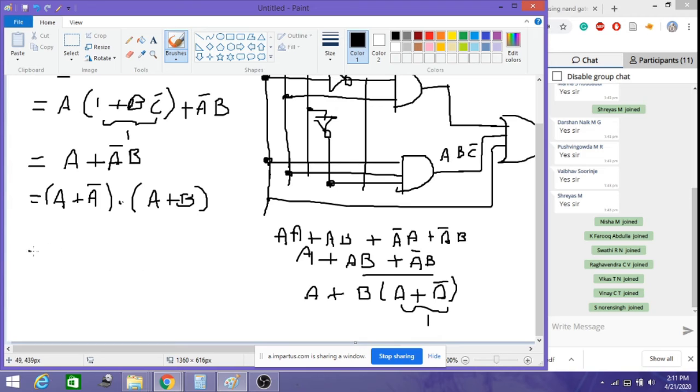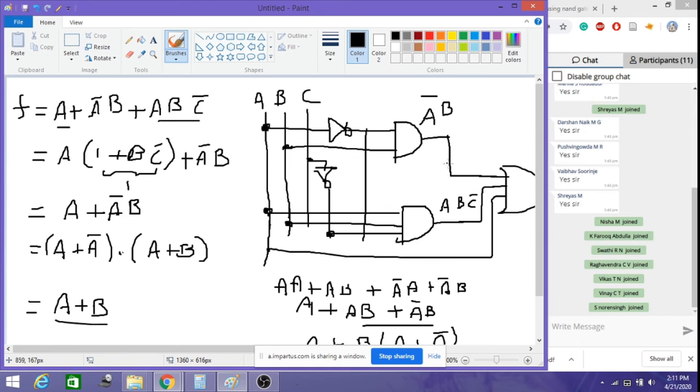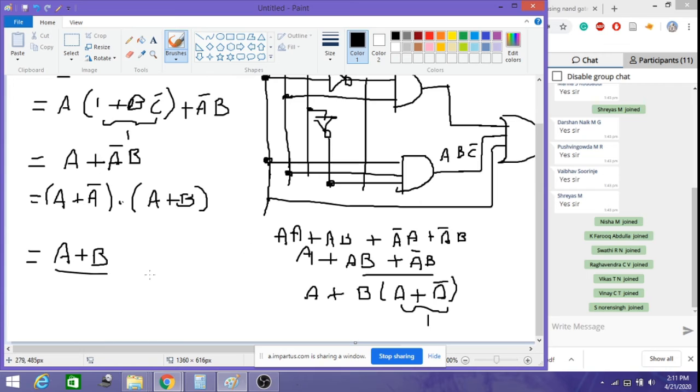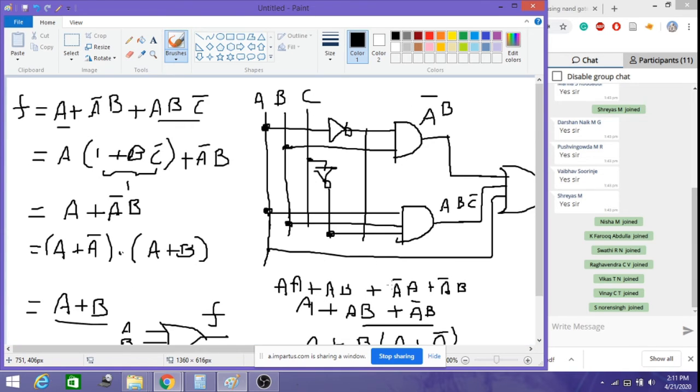Therefore, ultimately, we reach the solution A plus B. So rather than using two NOT gates, two AND gates and one OR gate, I can simply use one OR gate, and this is equal to my F output. The inputs are A and B. The third input is not at all required for this output equation.